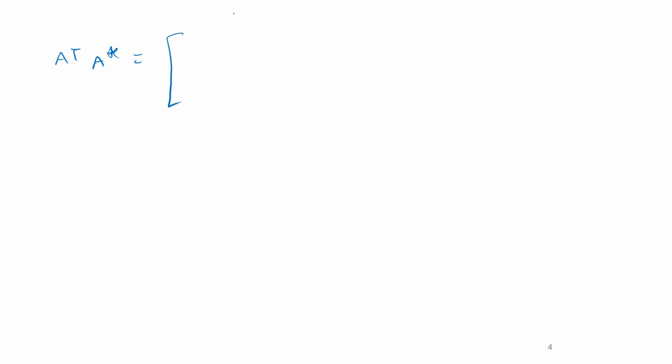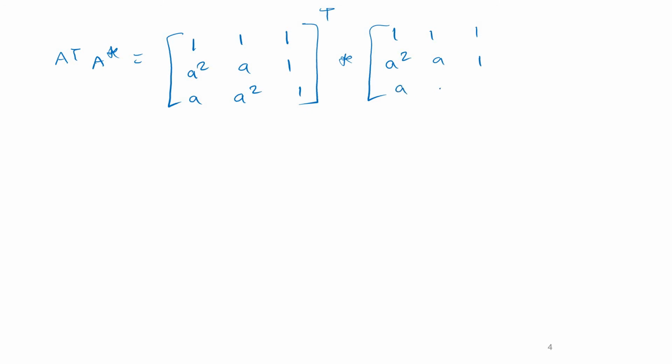Let us take the matrix of A. With respect to A phase, VA1, VA2, VA0, then the matrix 1 1 1, a square a 1, a 1 a square, transpose into A conjugate, which is 1 1 1, a square a 1, a 1 a square.